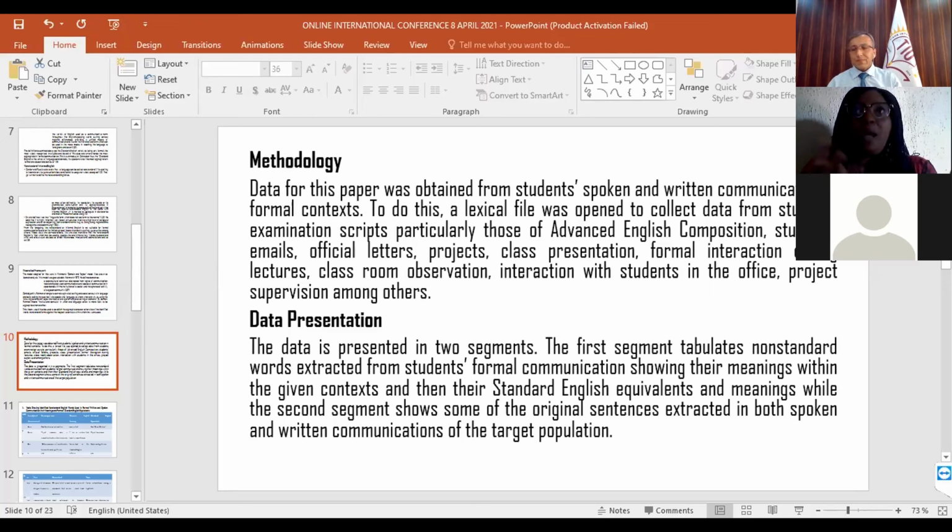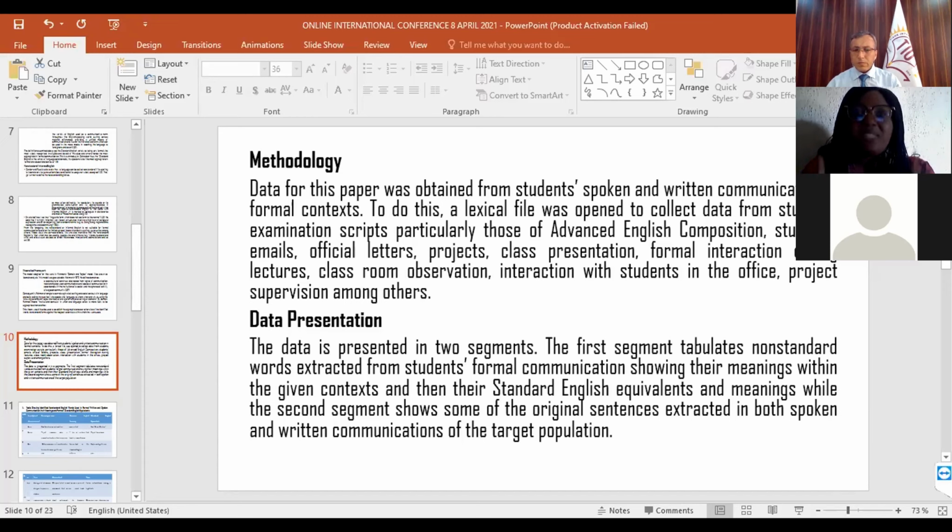Of course, apart from students' examination scripts, there are emails from students, some maybe whose projects I'm supervising, then official letters and other forms of written communication.